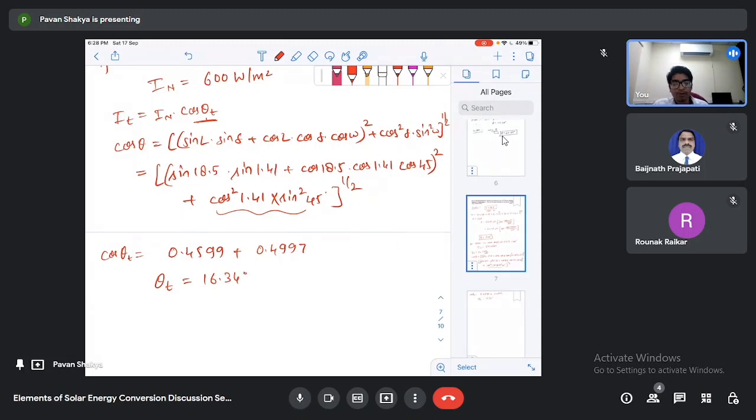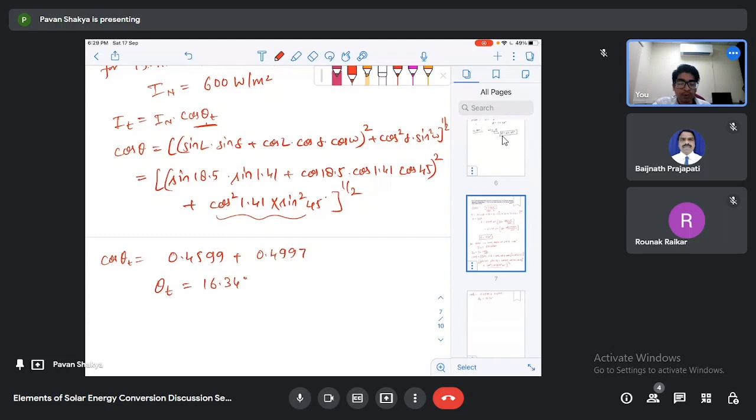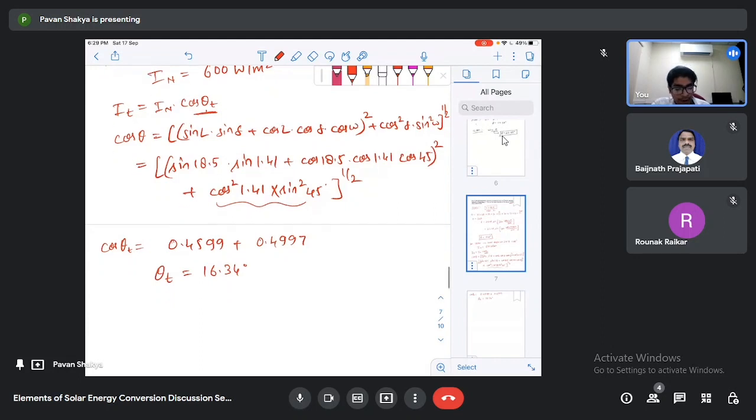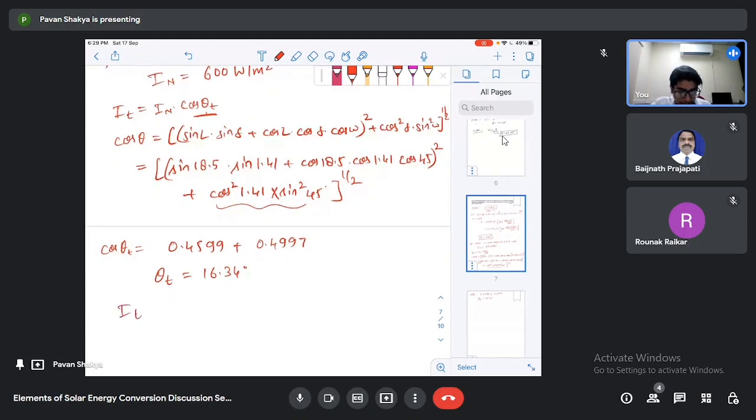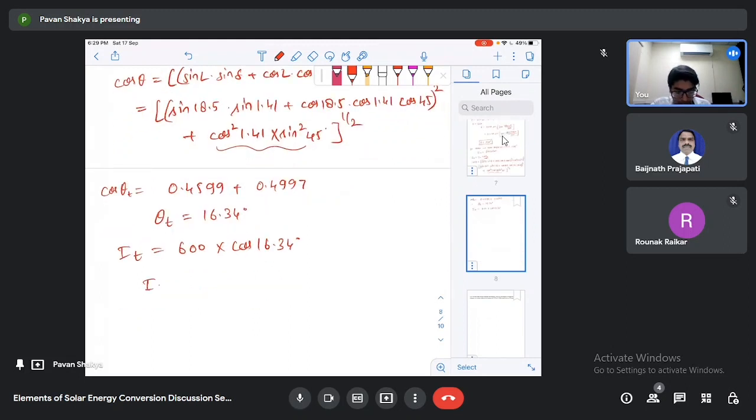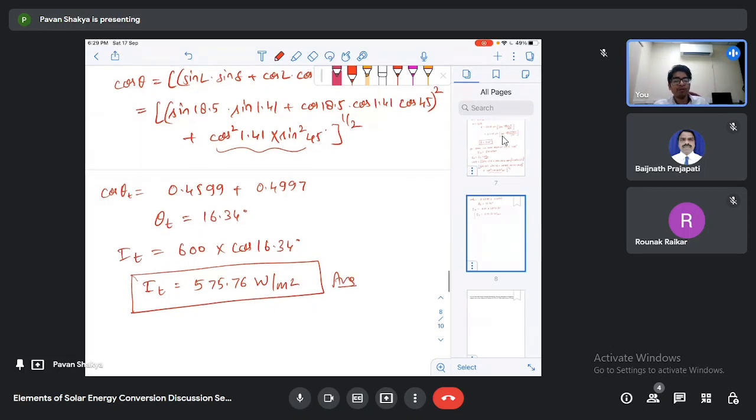Now you have the value for the angle of incidence, and the DNI is given in the problem directly. So from here we can calculate the IT, that will be 600 multiplied by cos of 16.34 degree. It will come out to be 575.76 watt per meter square. So this is the answer that has been asked in the problem.